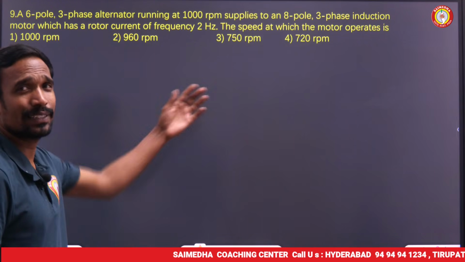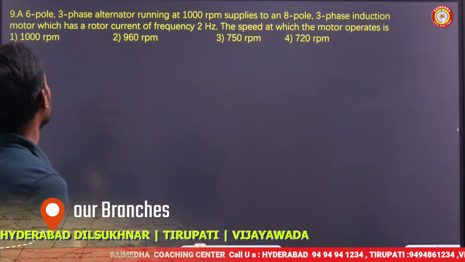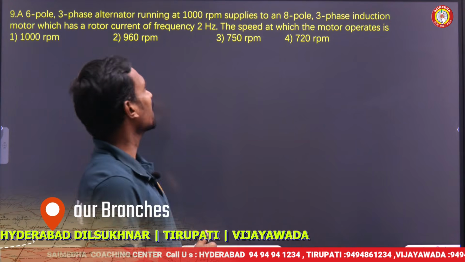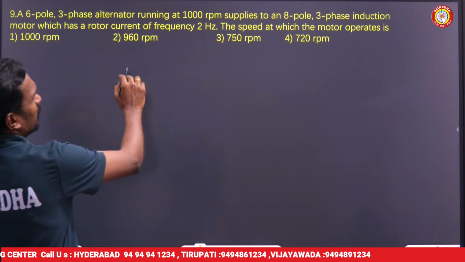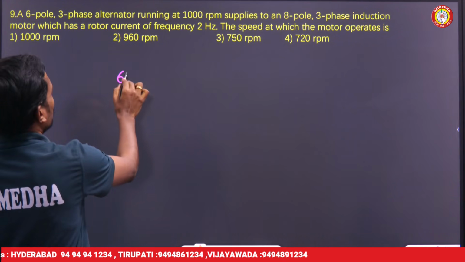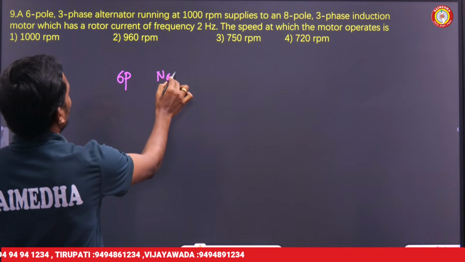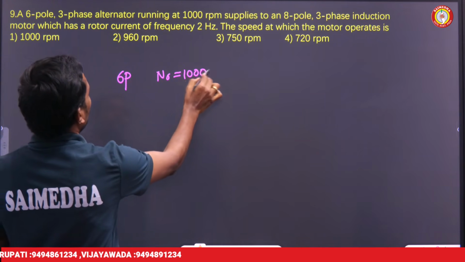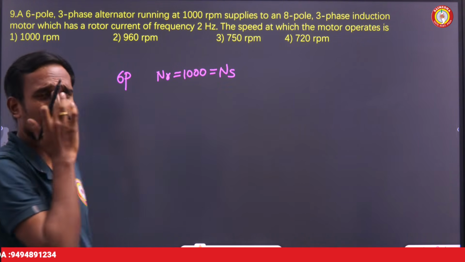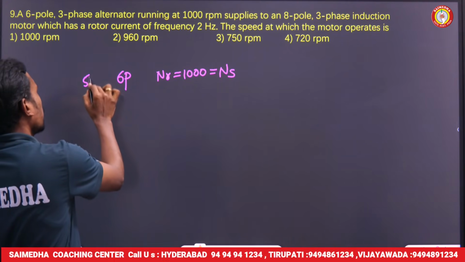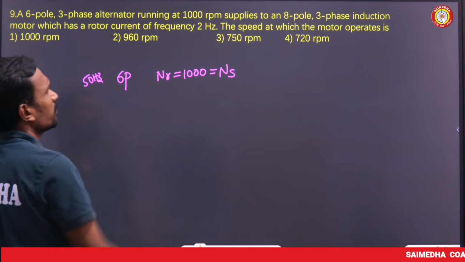Okay, guys, can you tell me the answer for this question? A 6-pole 3-phase alternator running at 1000 RPM. An alternator rotates at synchronous speed, so its frequency is 50 Hz indirectly.